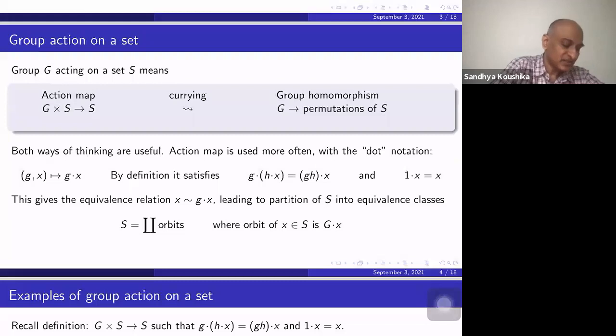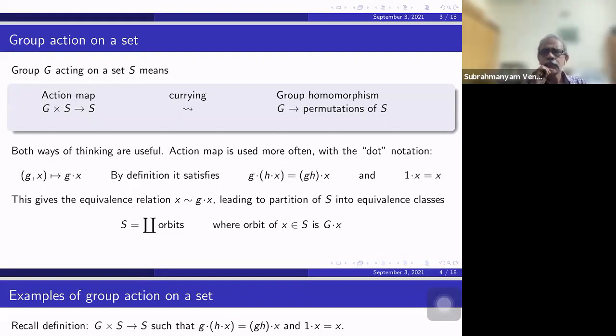So the fact that this is a group homomorphism means that, basically translated onto the left-hand side, it really boils down to this associativity equation. And you also want the identity element of the group to act as the identity map, just to ensure that everything is invertible when you think of G as acting. So by means of this, every element of G is really just a concrete permutation of the set S.